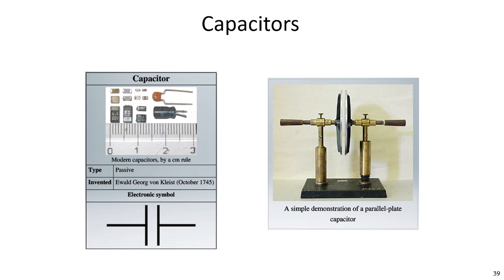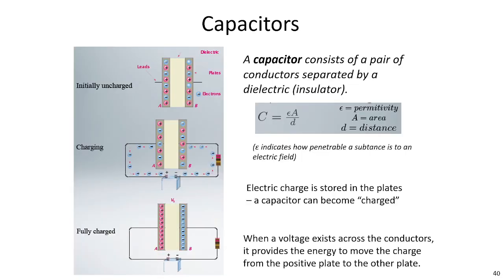And this is the capacitor in the laboratory or in an electronic device. The capacitor consists of a pair of conductors separated by a dielectric material, or insulator, and this structure provides the capacitance between two sides of the capacitor.